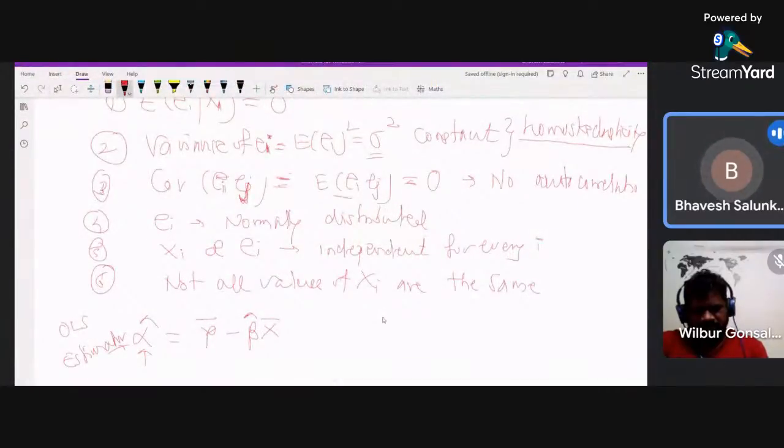Then beta hat. The formula for beta hat is summation of (xi minus x bar) into (yi minus y bar) upon summation of (xi minus x bar) square.